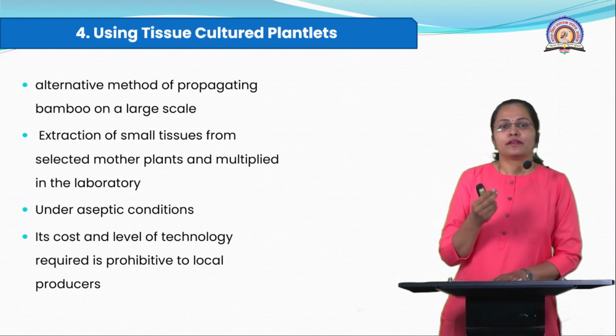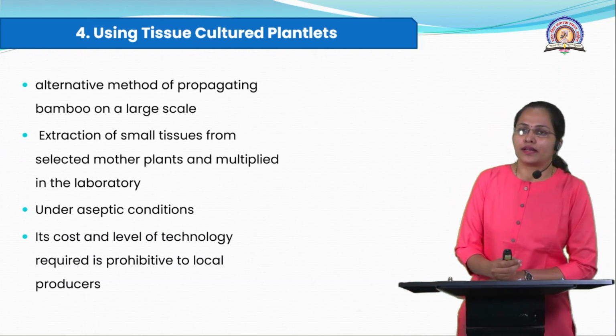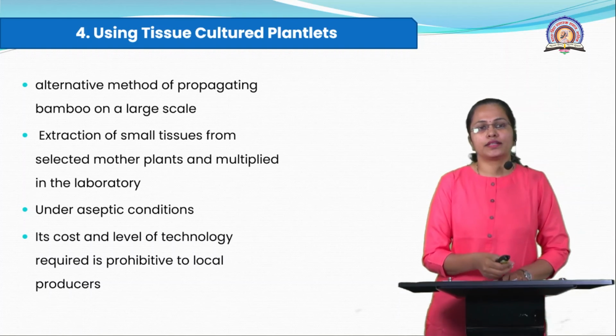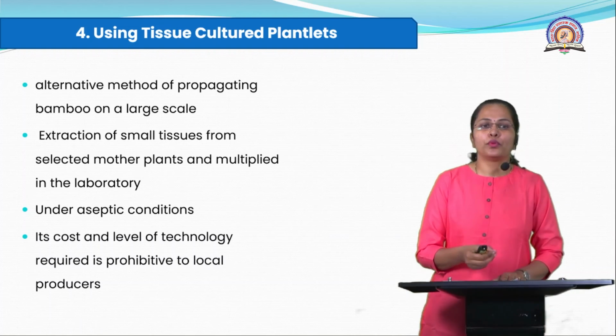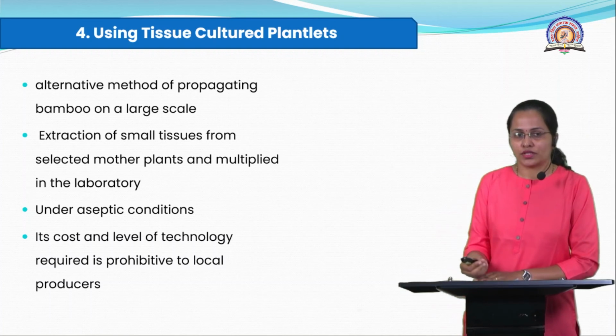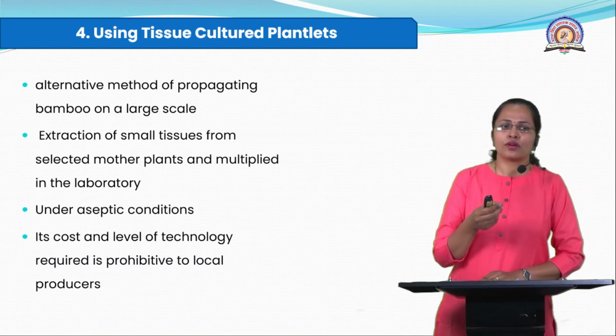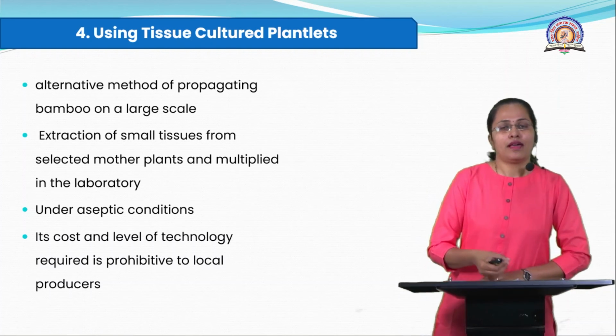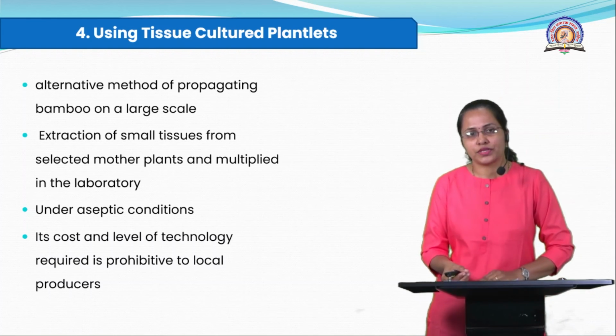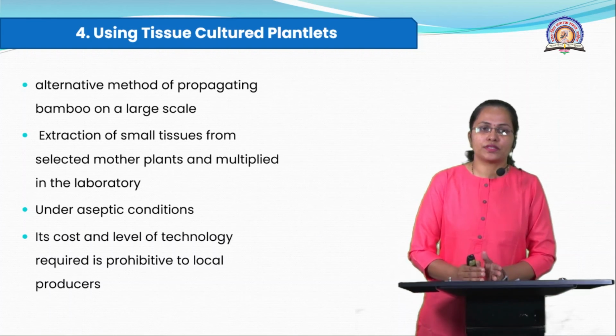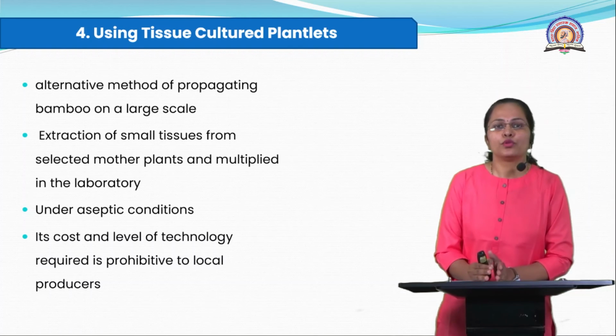Nowadays these tissue culture techniques are acting as a good alternative to produce bamboo plantlets on a large scale. For both exotic species as well as indigenous species, this method can be useful.